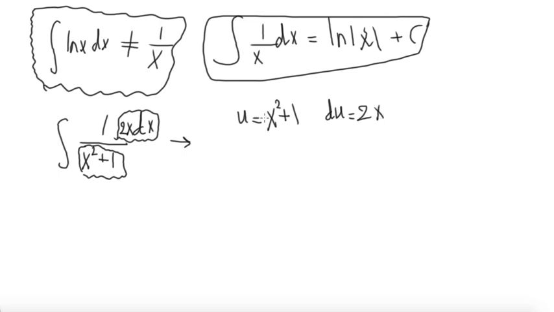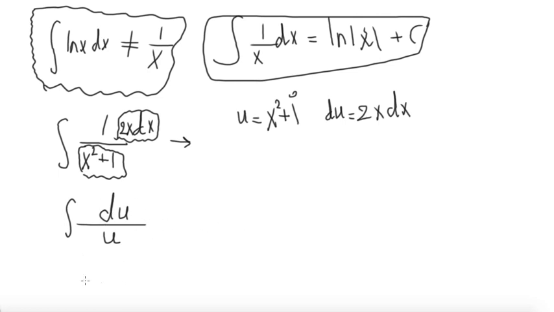The derivative of this is 2x, and for this one it is 0 dx. So we have the du. We need to replace this all with du, so it will be du over u.